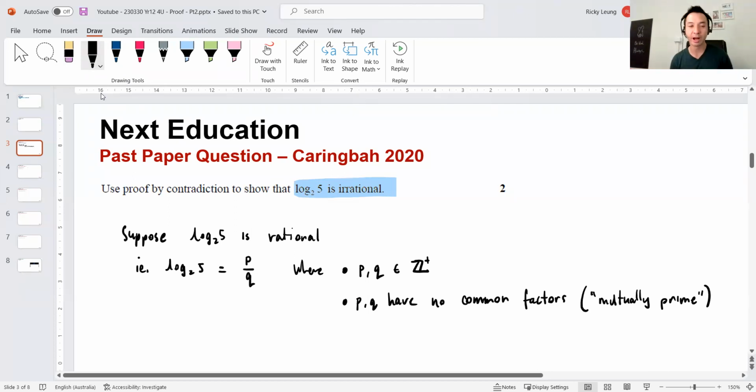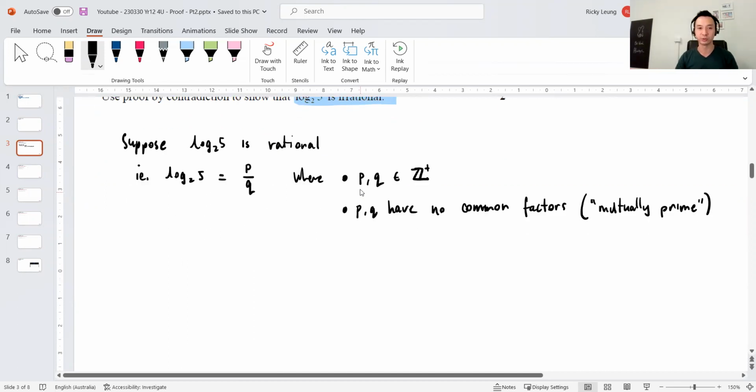That's where, for the root 2 one, it's more important. For this one, we can actually prove that it's illogical just by looking at it. Whenever you do this, we basically repackage the expression from log form to indices form, where the base 2 to the power p on q equals 5. Mathematically, we then raise both sides to the power q.